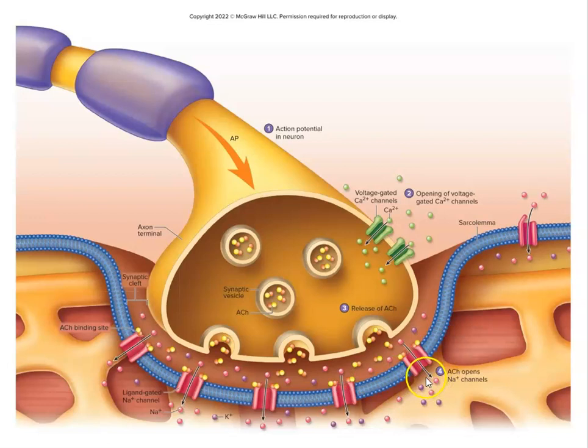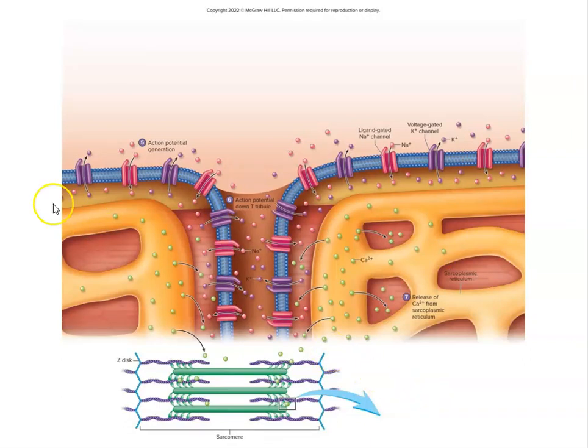The gates open up. Sodium can rush into the muscle cell, makes the cell rapidly more positive, and an action potential develops here on the sarcolemma. It then travels all over the sarcolemma of the whole muscle cell, including those T-tubules.